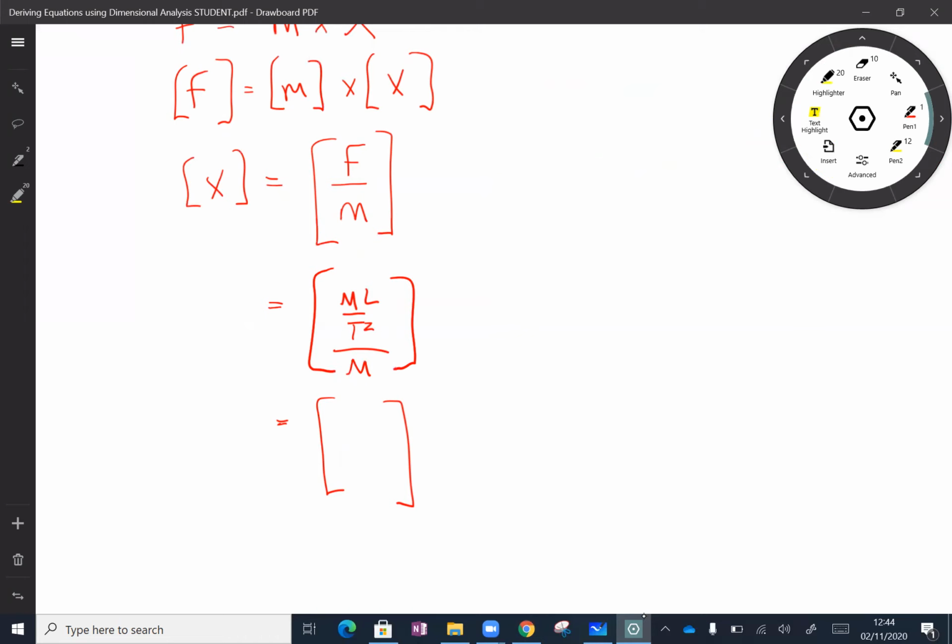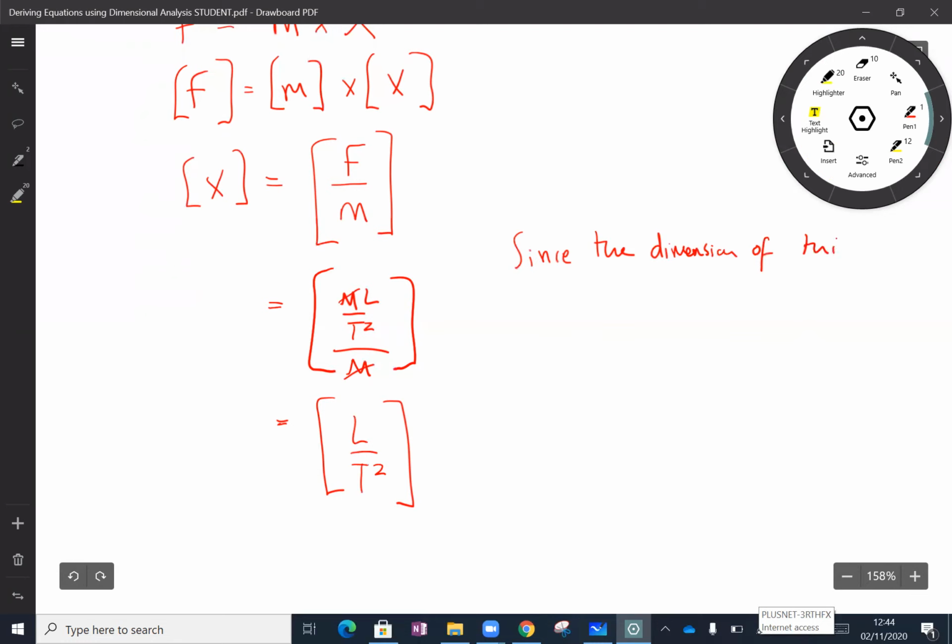The M's cancel, and we're just left with L over T squared. You should recognize this as acceleration.